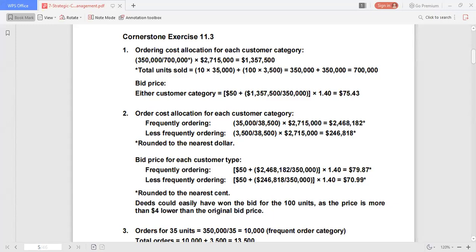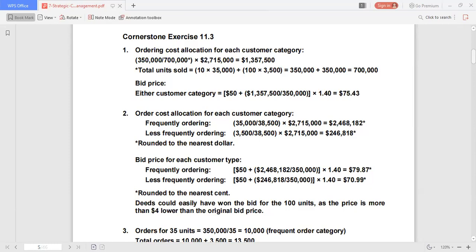So we now get 2,468,182, and the less frequently ordering is 3,500 divided by 38,500 times 2,715,000. So you have now the order cost allocation leading to the bid price.